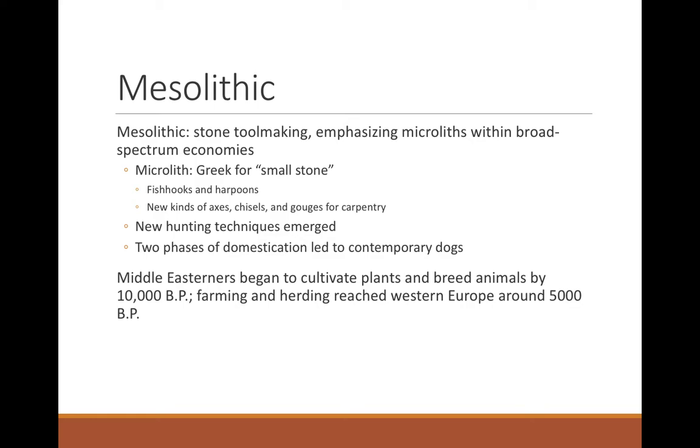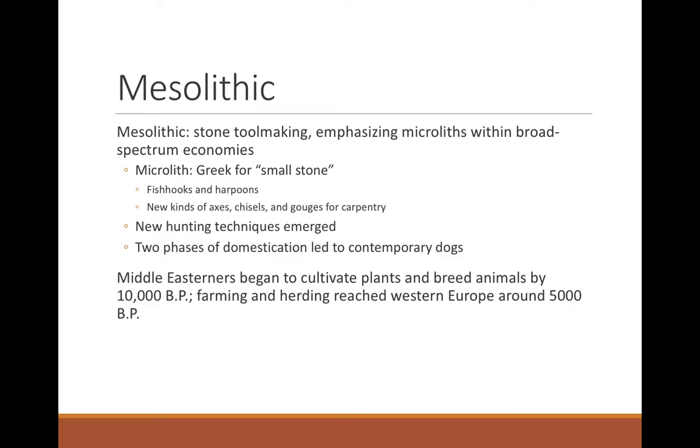So, if you recall, the Paleolithic referred to the Old Stone Age, and we talked about those distinctions between the lower, middle, and upper Paleolithic. Mesolithic, if we go by the Latin root of the word, simply means Middle Stone Age.